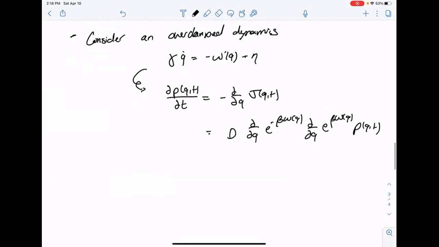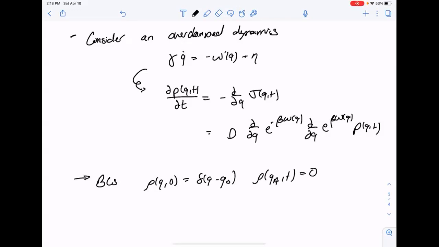If we solve this equation with boundary conditions, rho of Q at 0 is a delta function at some Q naught, and rho of Q_A at time t is 0, while rho of Q_B at t is 0.